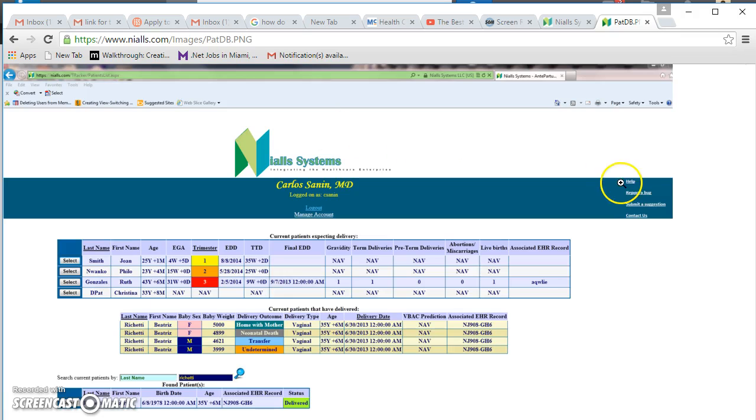So for instance, in this page, we have 4 patients with different trimesters, and they are signaled by different color codes. We also have patients that have delivered, their sex, and basic information about that patient.